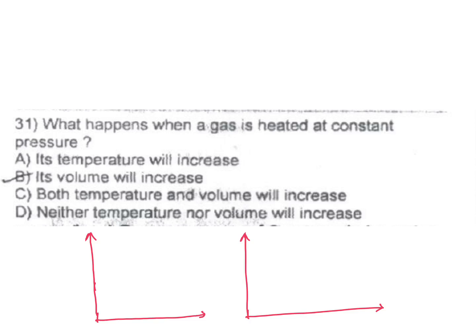Both graphs I will draw, PV and TS. Constant pressure heating. So from 1 to 2, 1 is initial, 2 is final. So here volume is increasing. TS chart, 1 to 2.